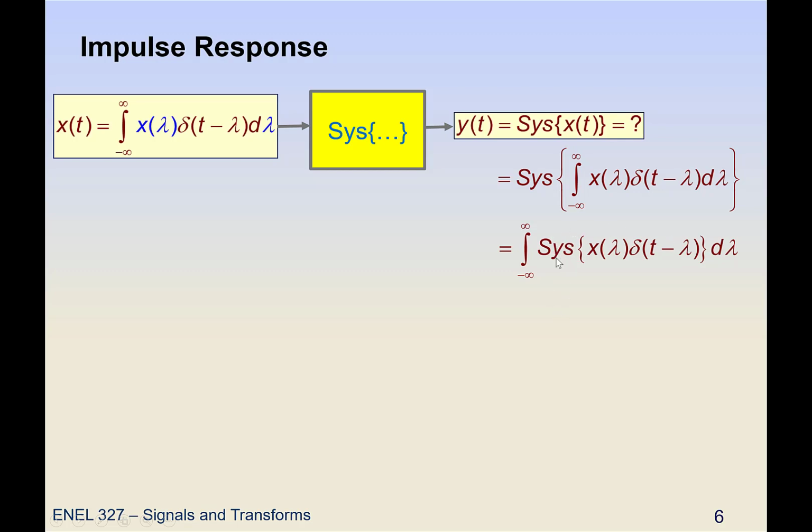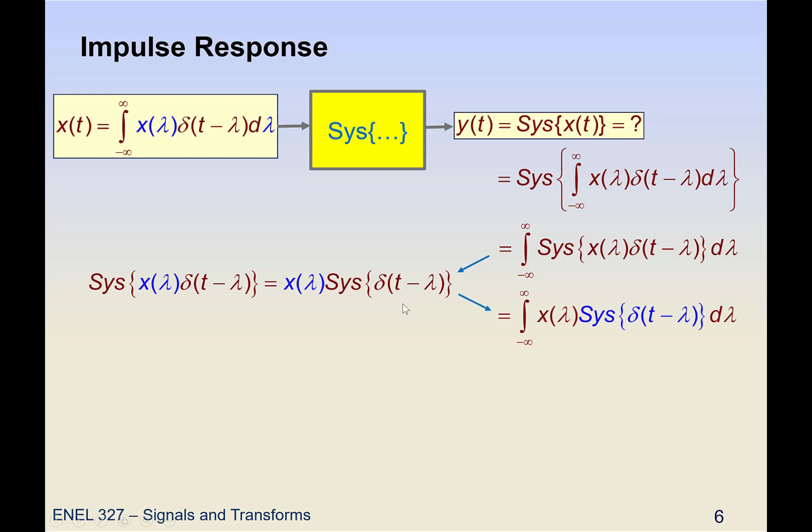And now take a look at what it is operating on. Remember, it's operating on this as a function of t, actually. Okay? But x is just a constant. Remember, that's the amplitude that scales this shifted impulse. So we can pull it outside of the system operation as well because of linearity. And so inside that integral, we can just pull that x of lambda out.